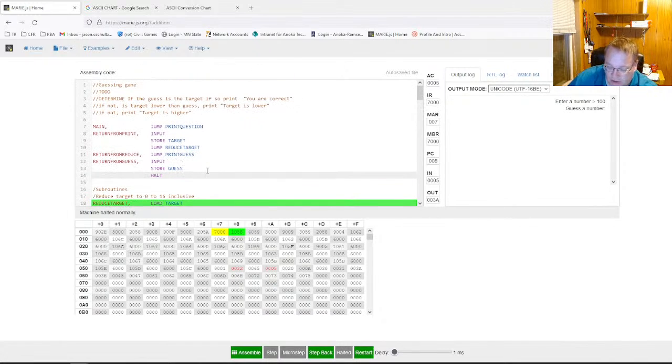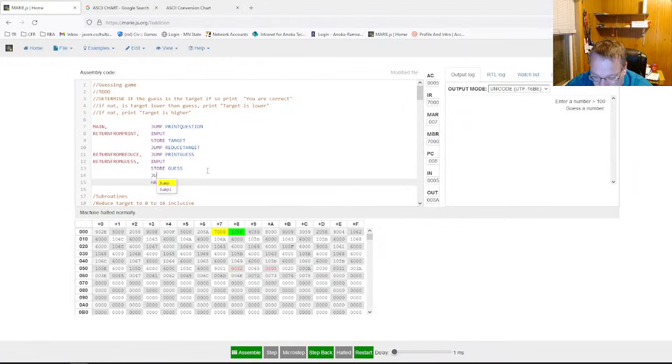All right. So after we make that guess, we have to determine which thing will get done. So we're going to jump to, and so what do I need to call this? What I want to call it is determining, decision time.